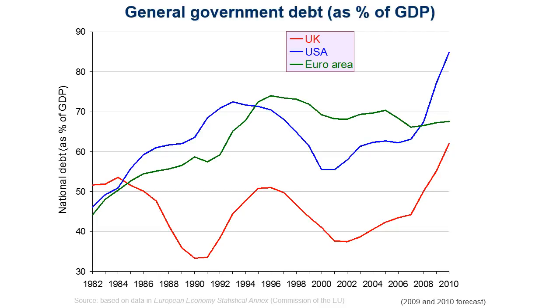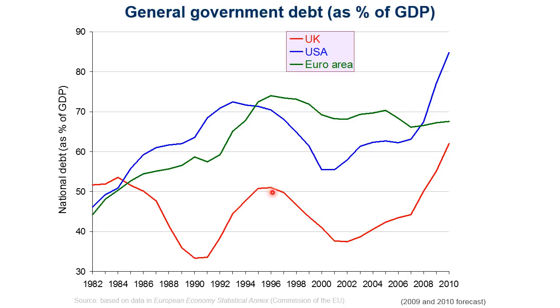Let's look at general government debt as a comparison across countries, and here we have that for the UK, that for the USA, and that for the Euro area. We can see that for the US and Euro area, since the 80s, government debt as a percentage of GDP has been increasing, whilst in the early 80s, in fact, it was decreasing in the UK, with a turnaround in 1990, which was probably sparked by an economic slump in the UK.